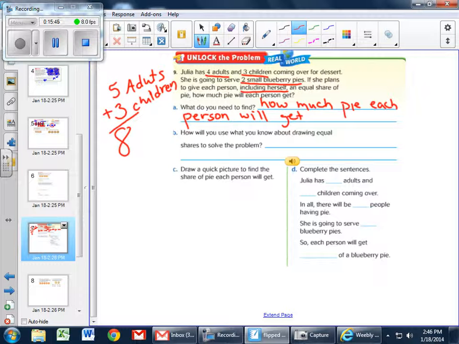Now, how will you use what you know about drawing equal shares to solve the problem? You're going to draw 2 circles for your pies. So here we go. There's our 2 pies. And then draw lines to divide them into equal parts so that each person can have an equal share. So we have 8 people, so we need to cut it into 8 pieces.